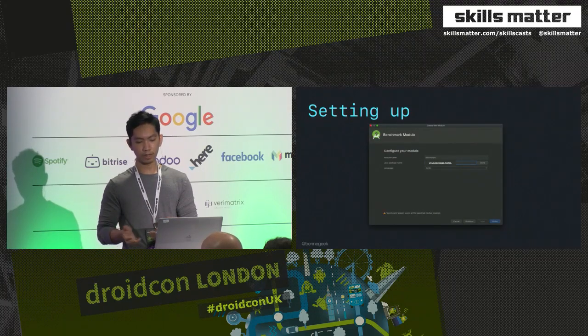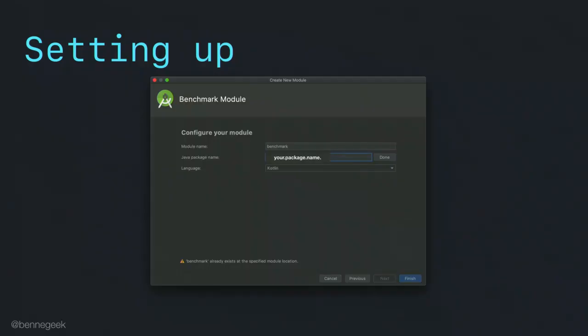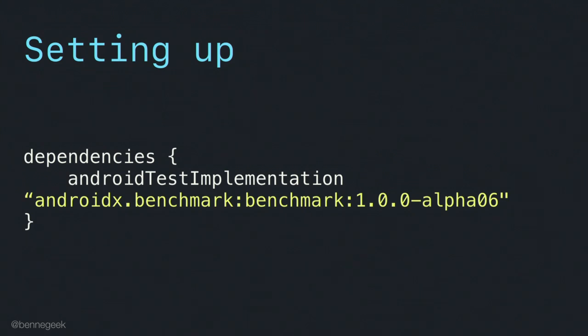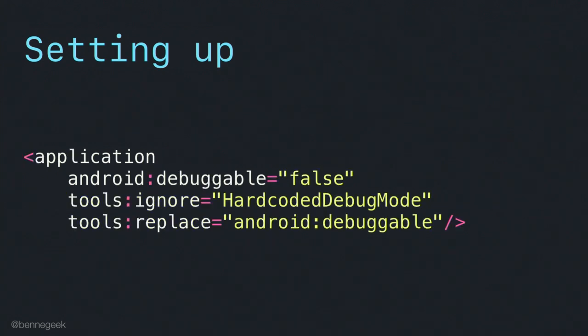So yeah, when you add your benchmark, just put your package name and then go through it, and it will automatically, as you can see here, it's still using Alpha 6. It will automatically add this dependency to your project, which is the benchmark itself. And then another important thing to keep the benchmarks stable is to set your application debuggable to false. This will prevent you from running your test in debuggable because this is, again, making your benchmarks unstable.